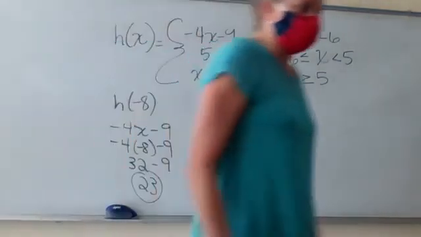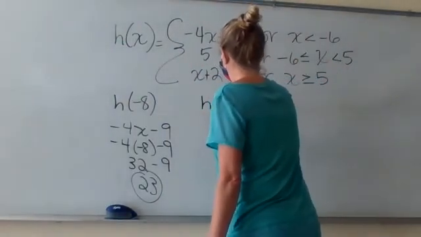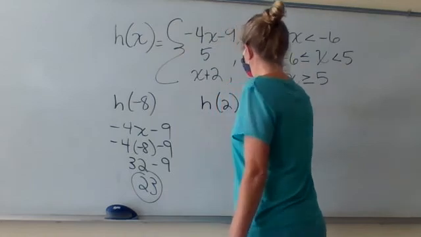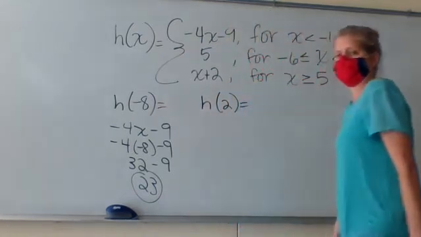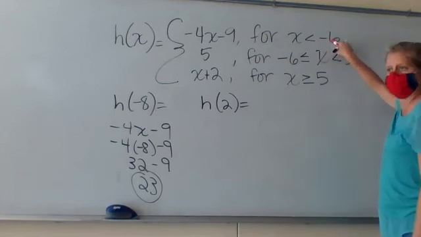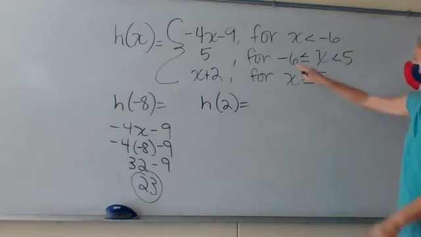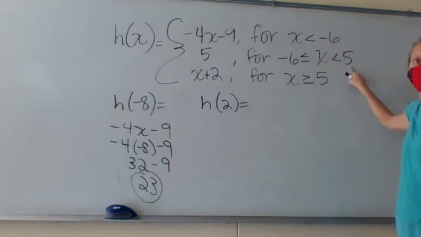The next thing it wants me to find is h of 2. So which piece does 2 fall into? Is 2 below negative 6? No, it's above it. Is 2 between negative 6 and positive 5? Yeah, right?